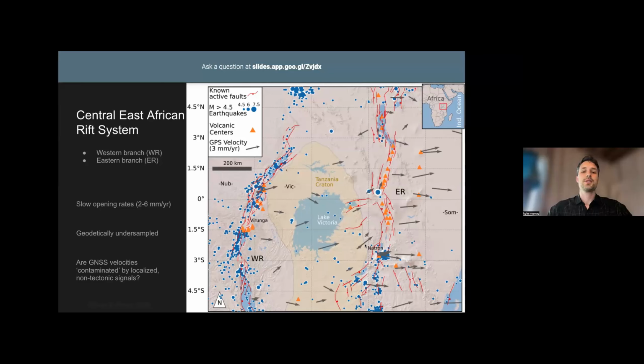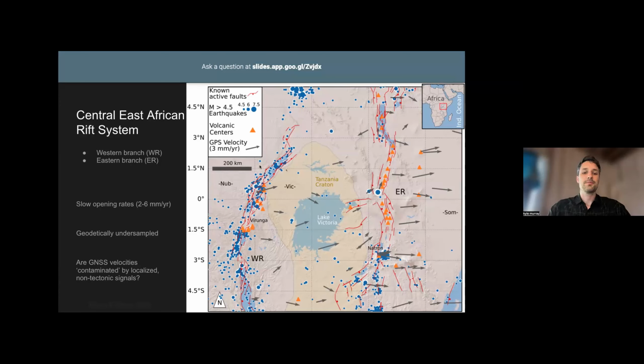So far, most geodetic work has either focused on large-scale plate motions using a network of GNSS stations like this, or on localized deformation from a specific rifting event or earthquake, so pretty zoomed in. My goal was to bridge that gap by capturing deformation between these stations and identifying non-tectonic signals at the stations themselves.